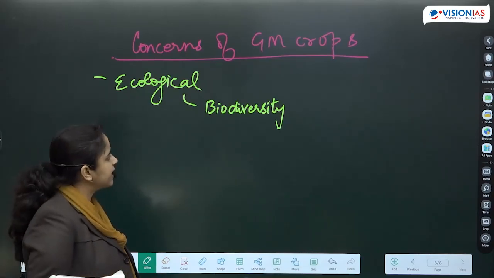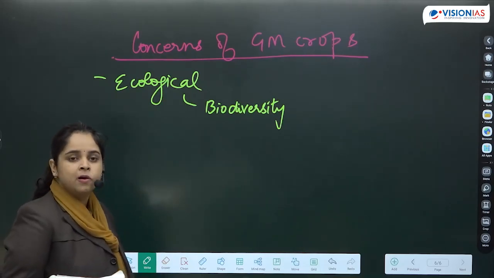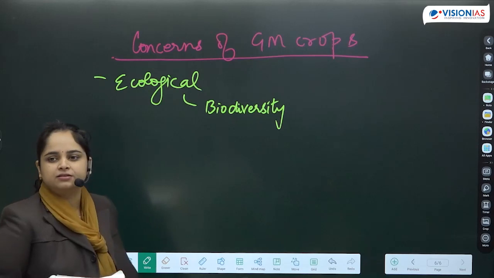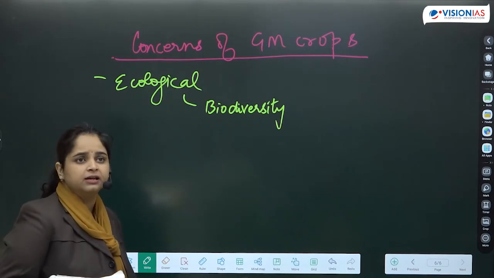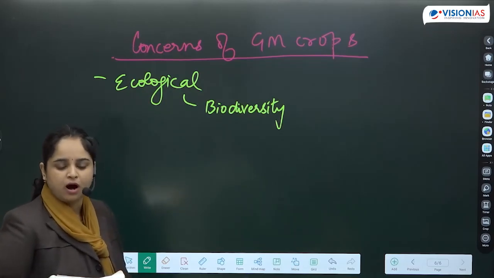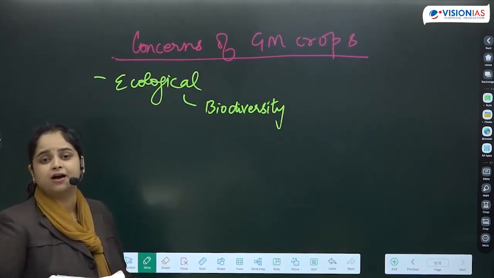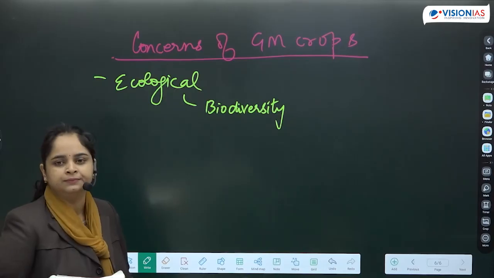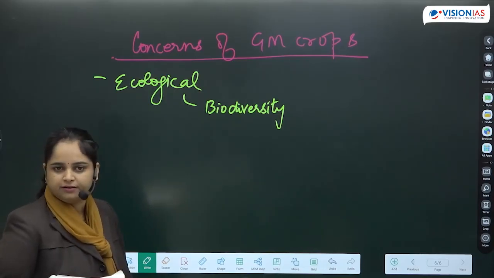Along with that, the aspect of biodiversity. Biodiversity means different diverse species of one particular type of crop. Like somebody has written, ignorance of native species. So how will this work? Suppose in India, we have say 10,000 varieties of rice grown in different parts of the country.